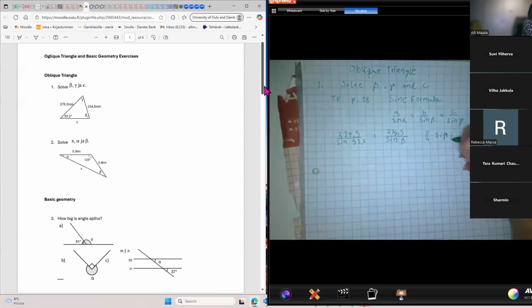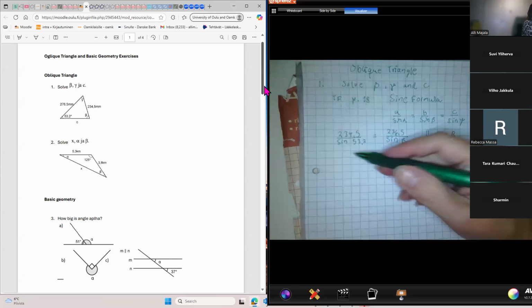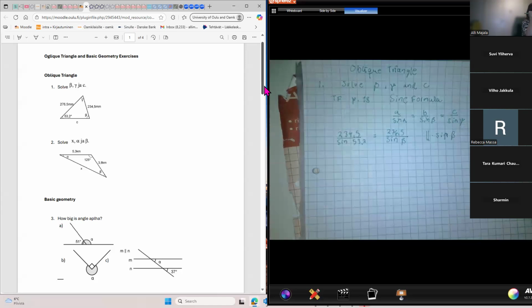Sine beta and sine 53.2. Or first with the sine beta, and then after that I also multiply with sine 53.2.